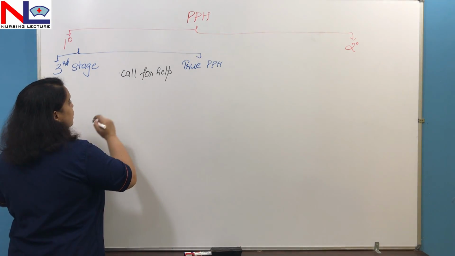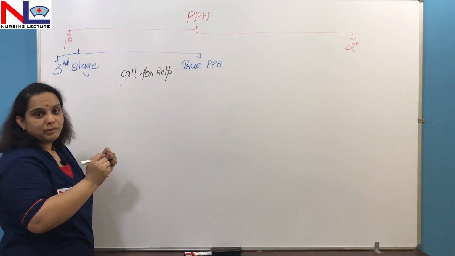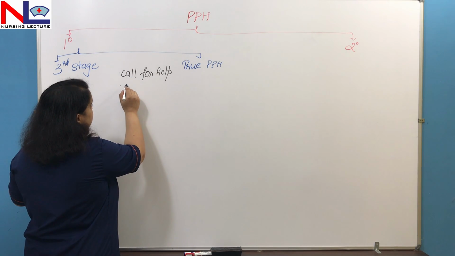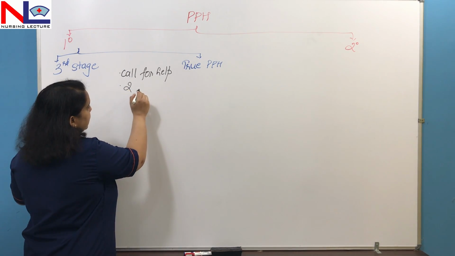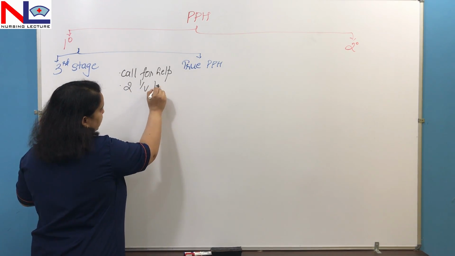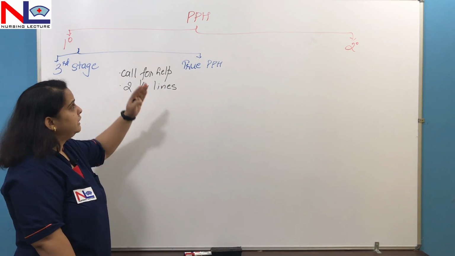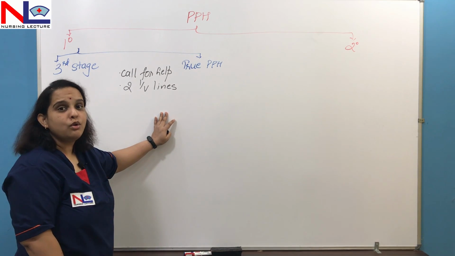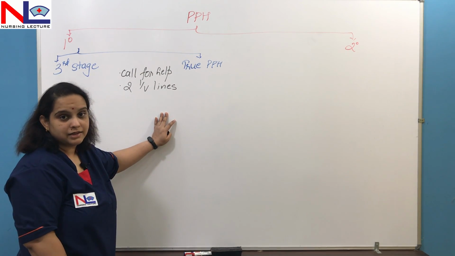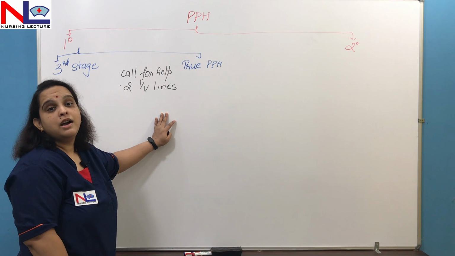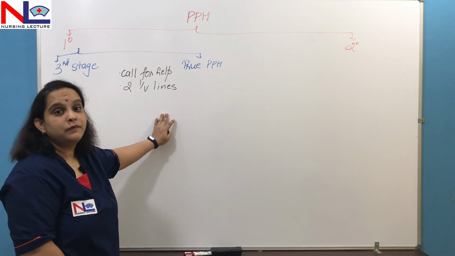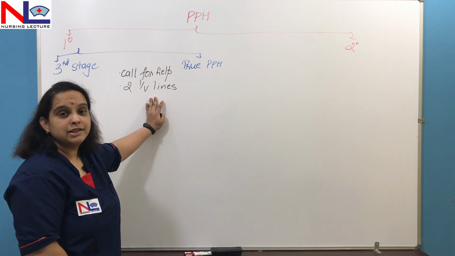Next, once we come to know that the woman is having PPH, we start two large bore IV lines. Why do we require two lines? Because the woman is bleeding heavily, so we need to maintain homeostasis and resuscitate the woman with fluids.